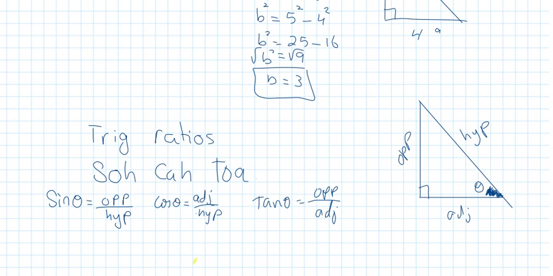Things change if they give you this angle, for example, or if you're looking for this angle, right? If you're looking for this angle, then where's your opposite now? Right here. And where's your adjacent? Right here. The hypotenuse doesn't change. But naming the other sides depends on where your angle of focus or angle of interest is.